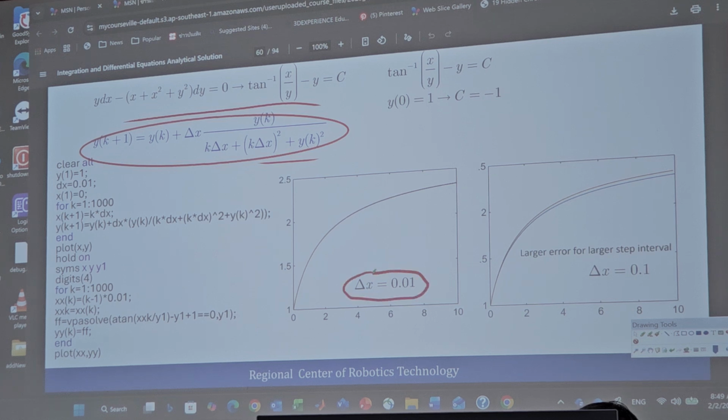If delta x is very close to 0, the solution from your analytical solution, from the exact equation, compared to this one is very close. If delta x is larger, you see you have some lag between the step interval approximation and the analytical solution.